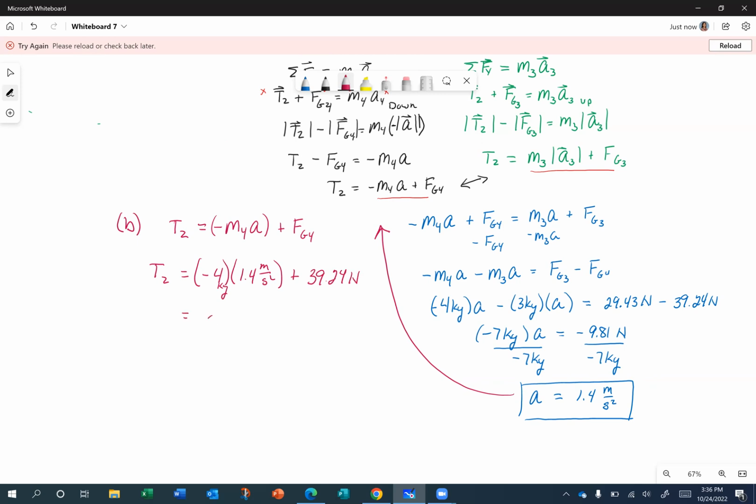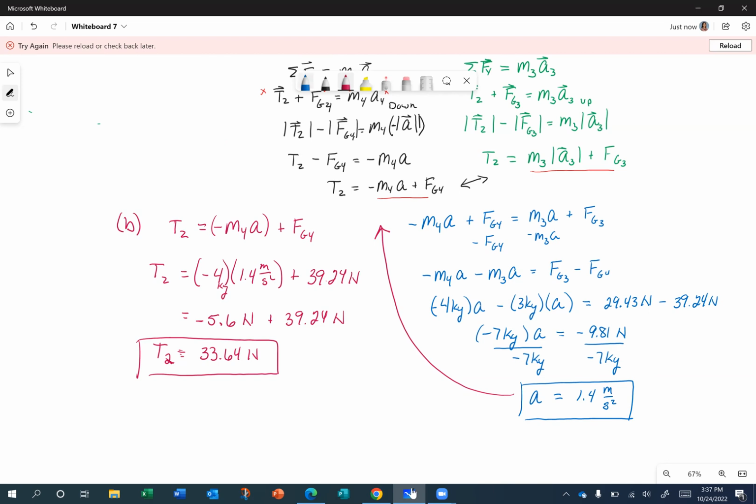That's going to be negative 5.6 newtons plus 39.24. So 39.24 minus the 5.6, tension 2 equal to 33.64 newtons.